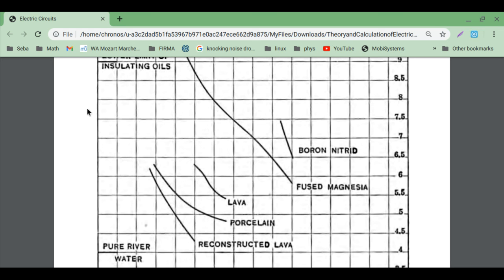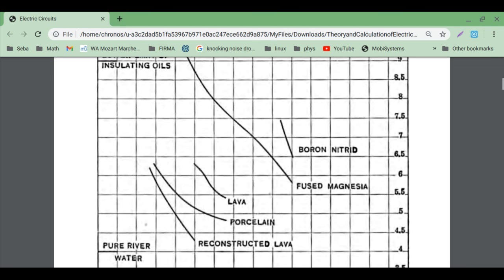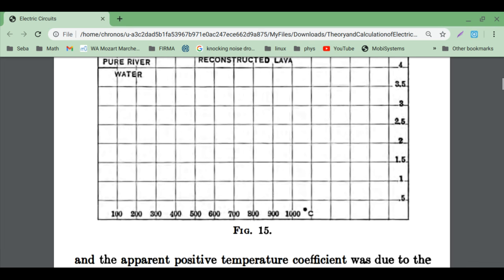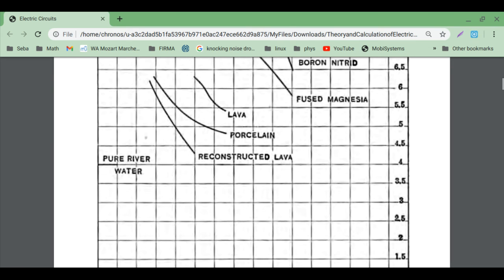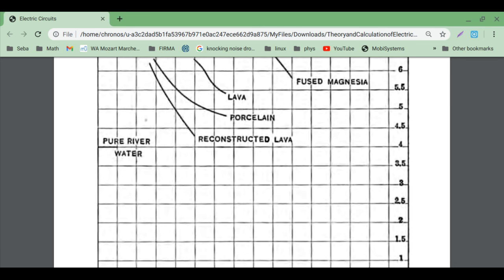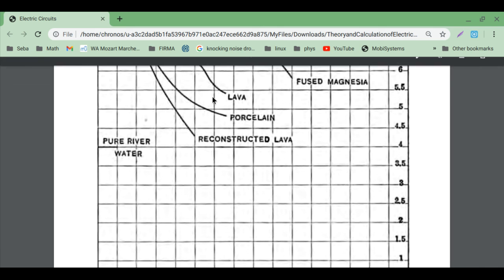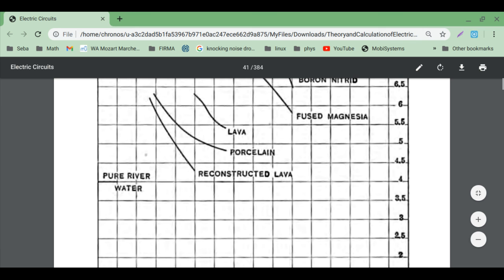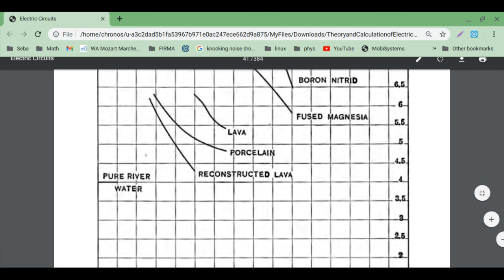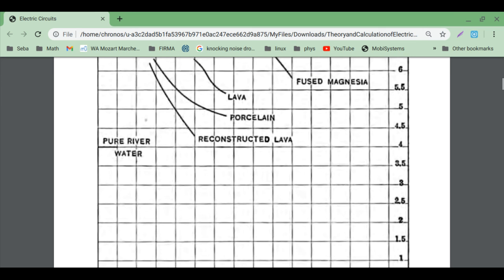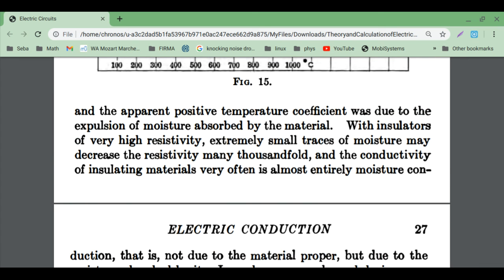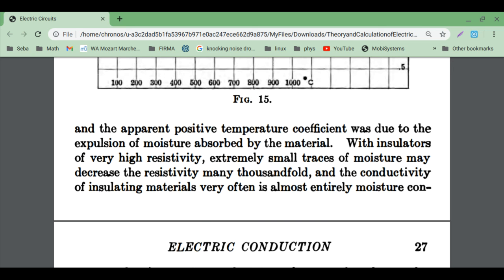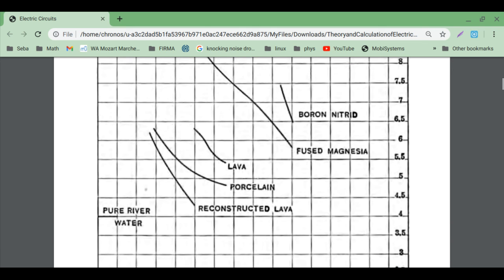Now, boron nitrate, very high temperatures. Lava, porcelain, quite steep drop of from 6 to 4. Interesting. And the apparent positive temperature coefficient once again.